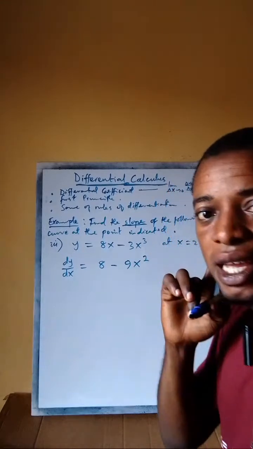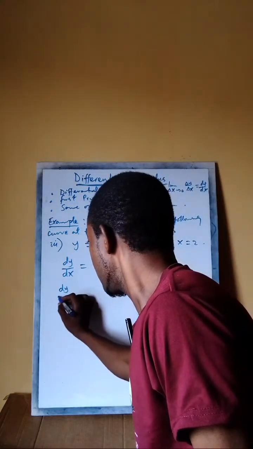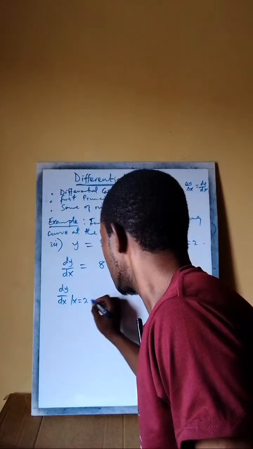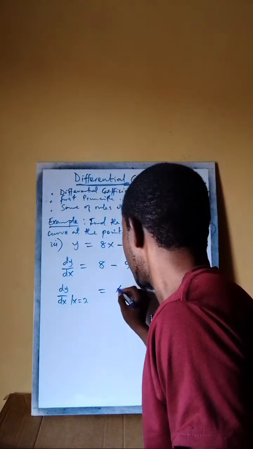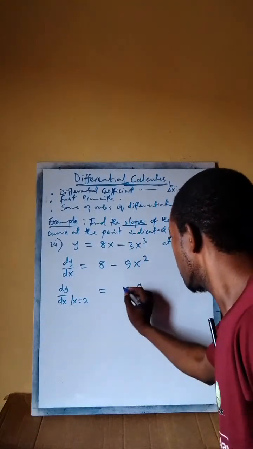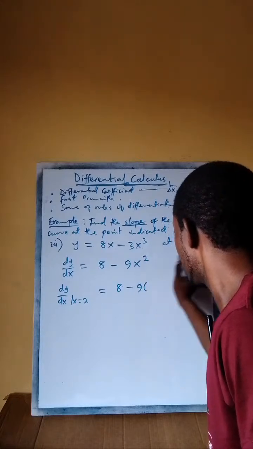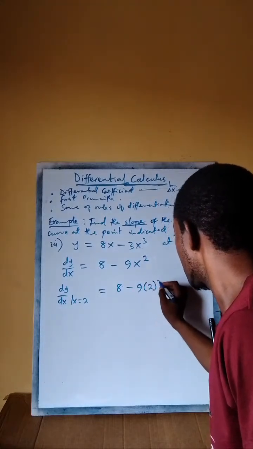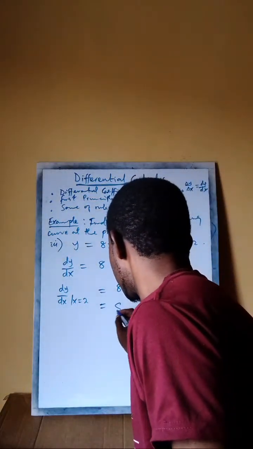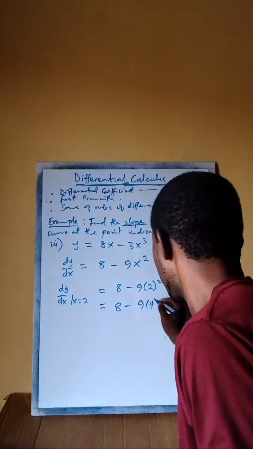So now at x equals 2, it means we have dy/dx at x equals 2. We have 8 minus 9 times x squared, which is 2 squared. Then this becomes 8 minus 9 times 2 squared, that's 4.